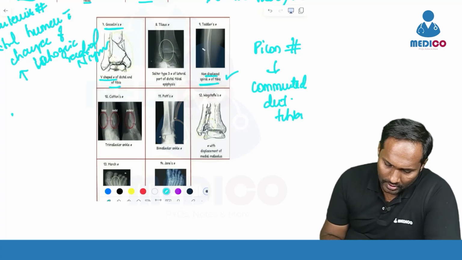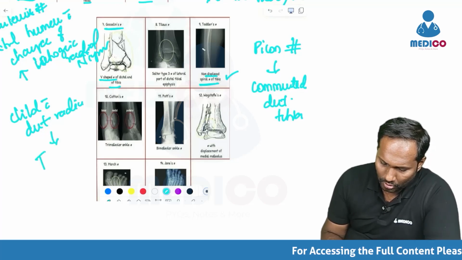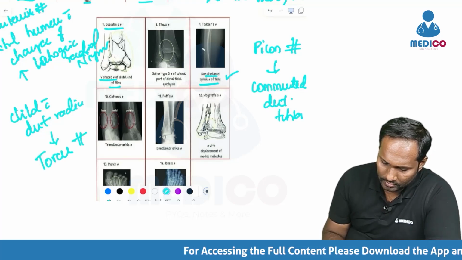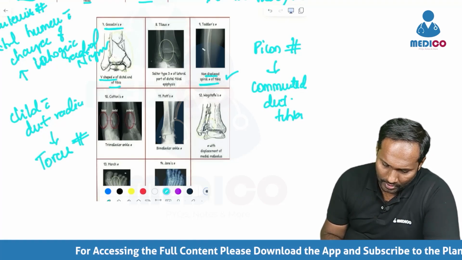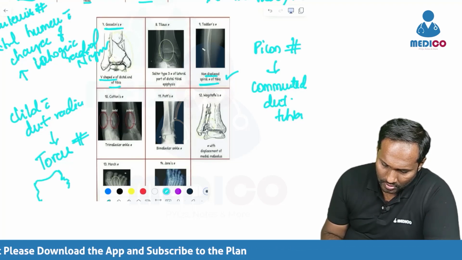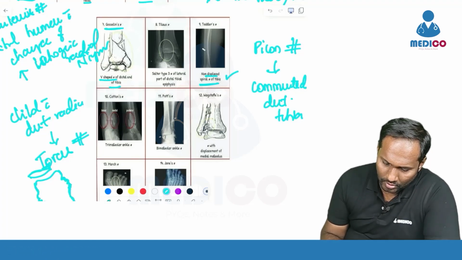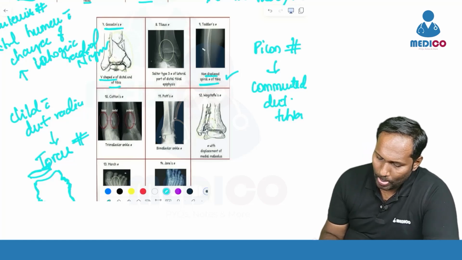If there is a child with a distal radius injury, it could be a torus fracture, where you have just the bulging of the distal radius. This is called a torus fracture.